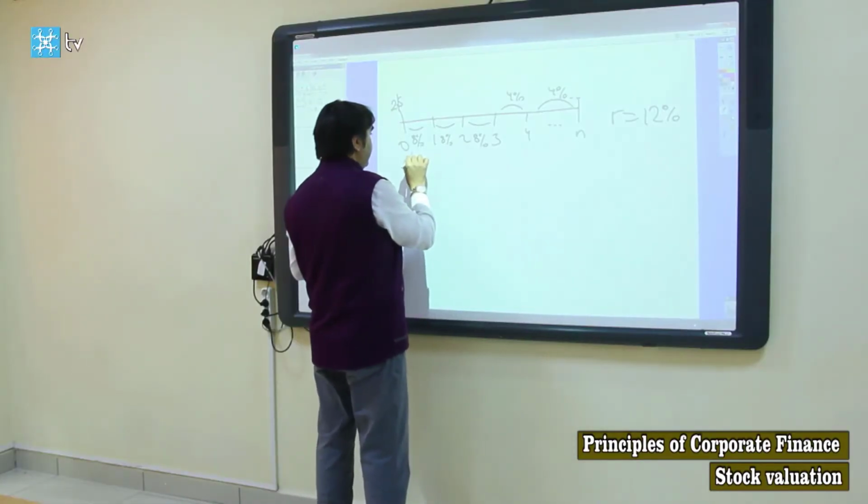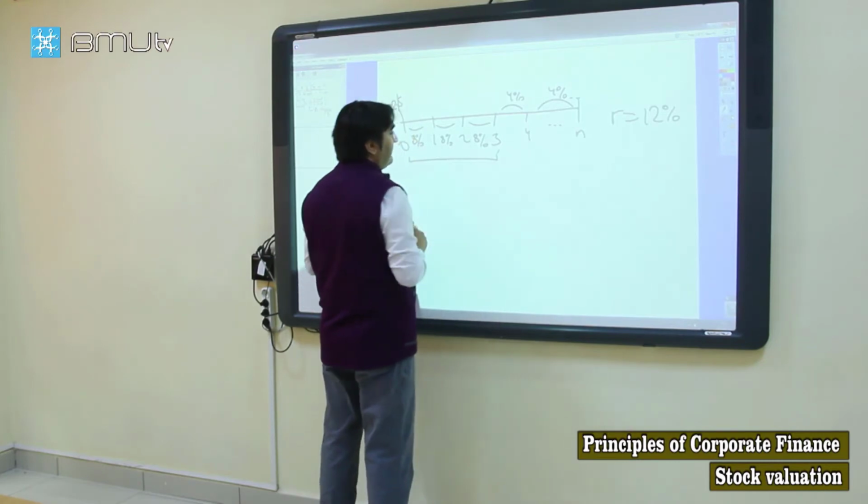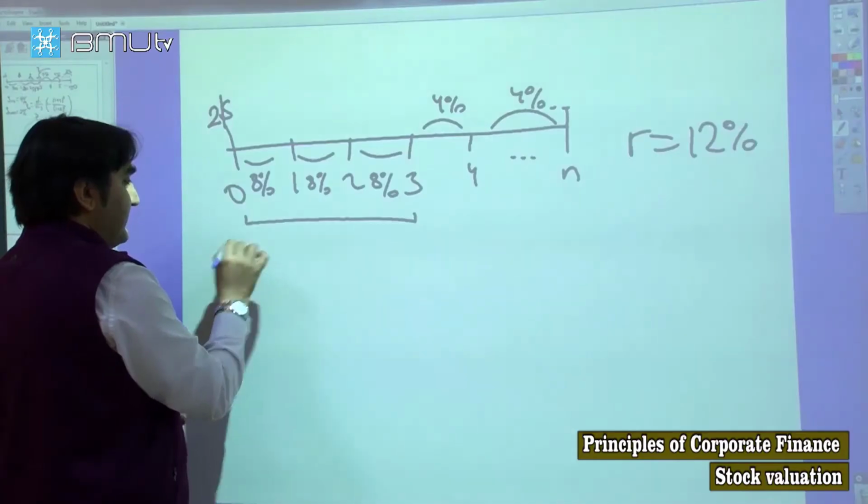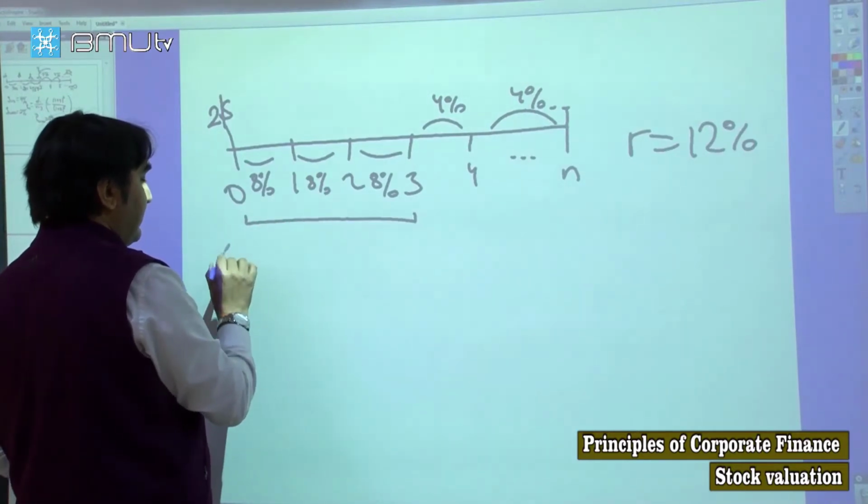If the discount rate is 12%, what's the present value of these cash flows? We see here the first 3 years are a growing annuity. We can find the present value of these growing annuities.